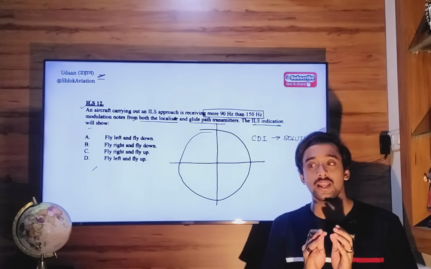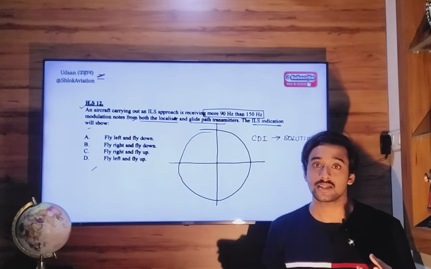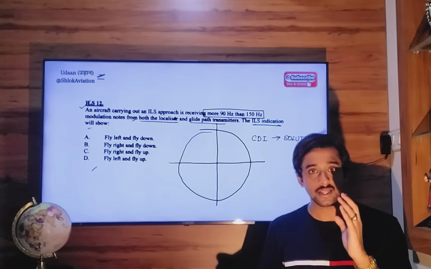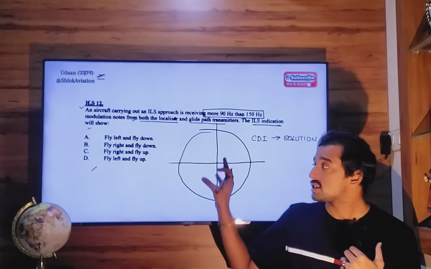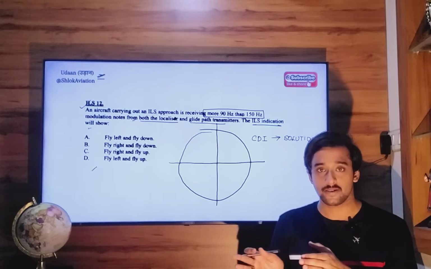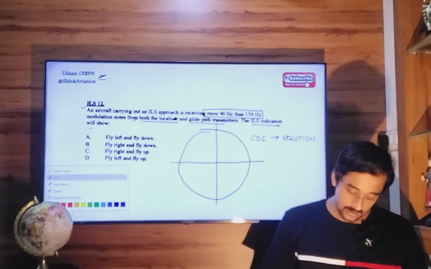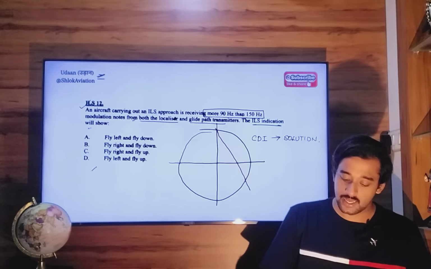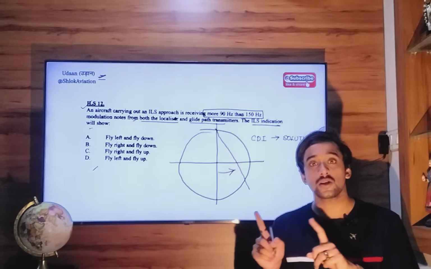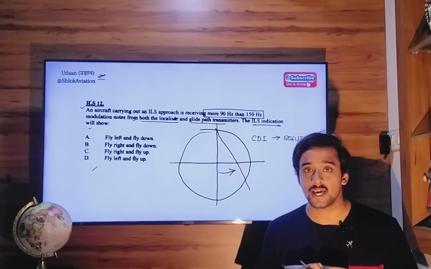If you get deviated to the left hand side of the runway center line, this indicator will tell you to go right. This vertical needle will go to the right hand side, telling you, pilot, fly to the right hand side, that is where your runway center line is.